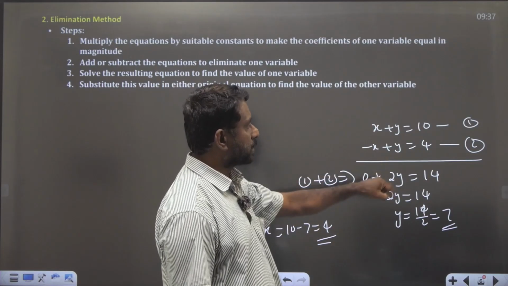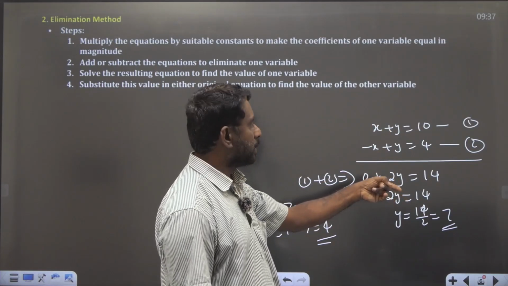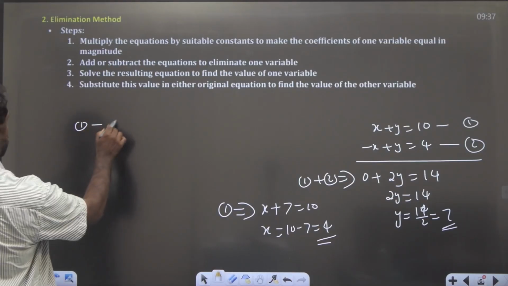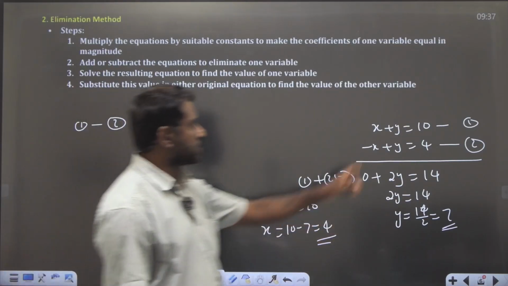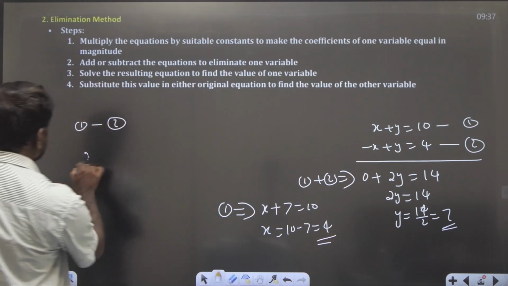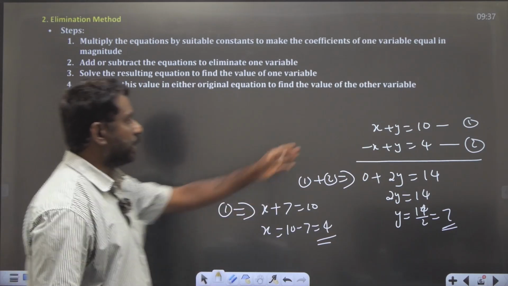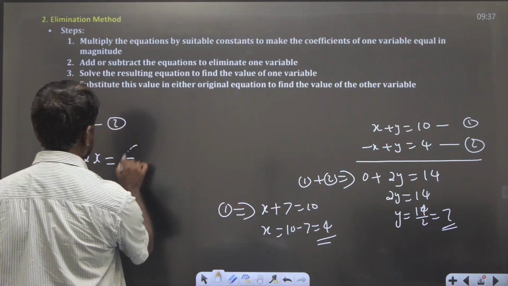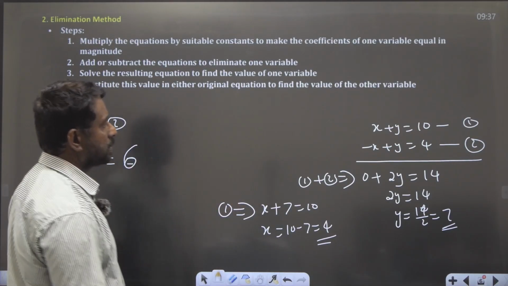If we subtract, y will be eliminated. Another method: take 1 minus 2. x minus minus x is 2x. y minus y is 0. 10 minus 4 is 6.